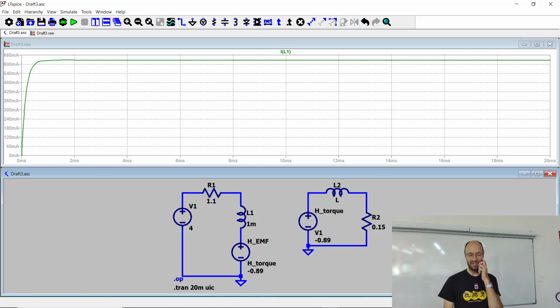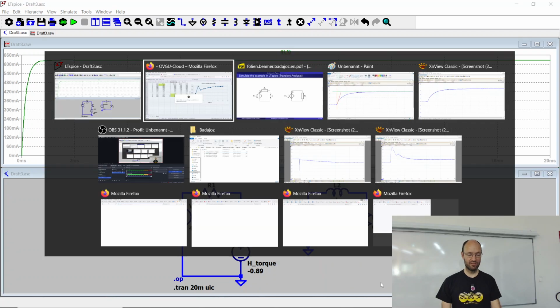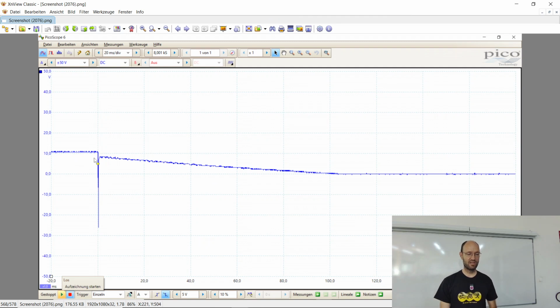Okay, and then the question is, what is the value of this inductor? And remember that we also did this measurement here where I switched off the idling motor. And then it took something like 100 milliseconds for the idling motor to stop.